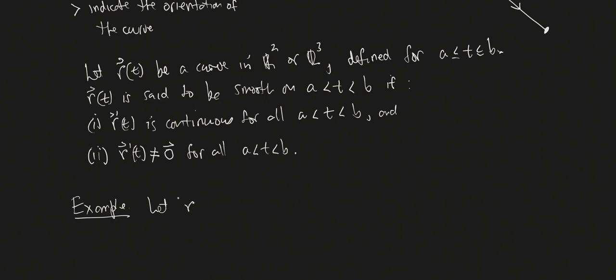In fact, let me use f and g. I know we've been using r a lot, but I just want to show that we can use a regular f as long as we indicate that this is a vector.